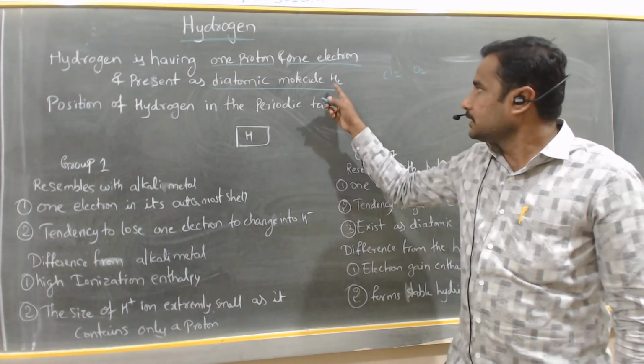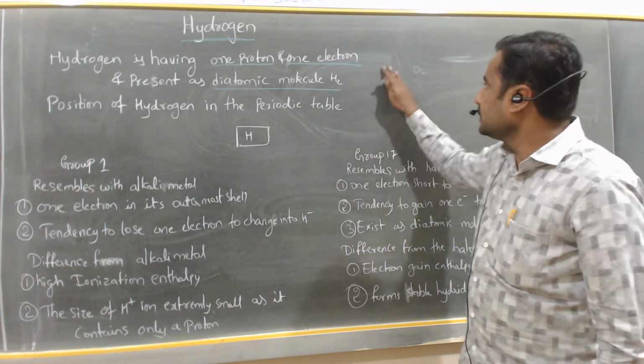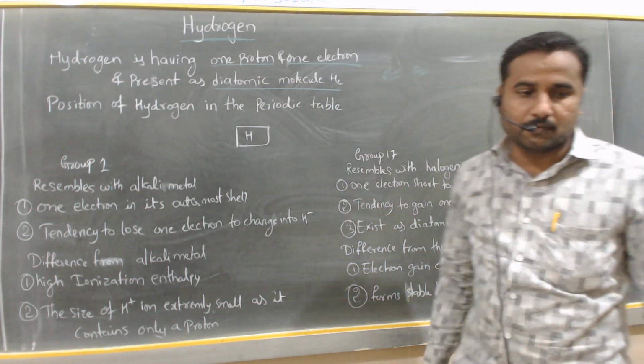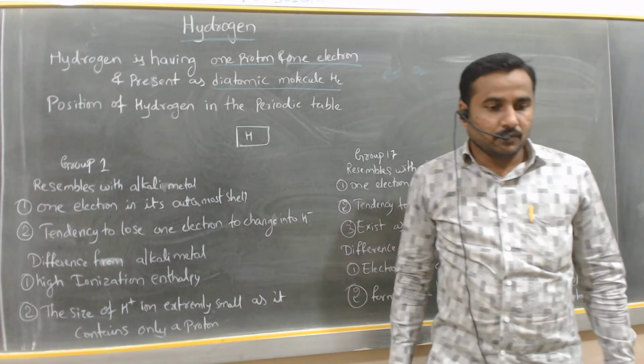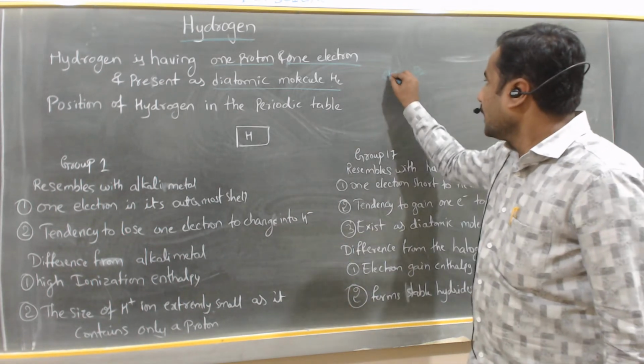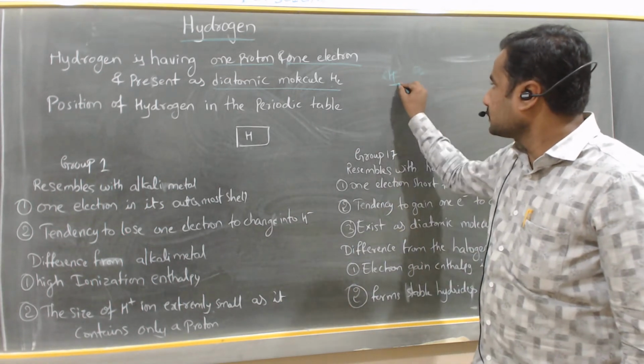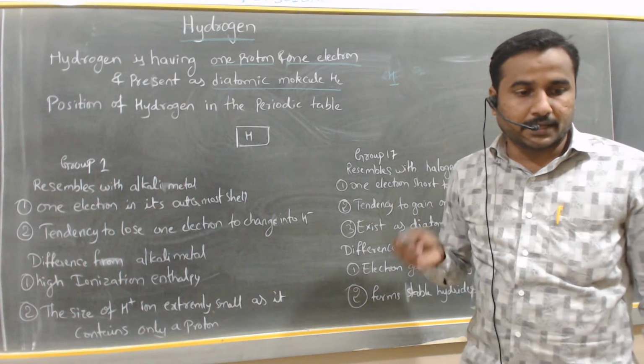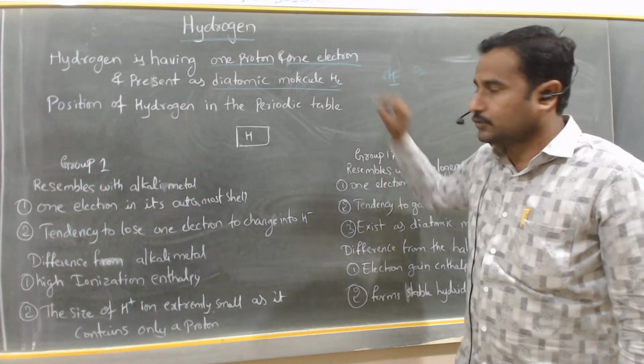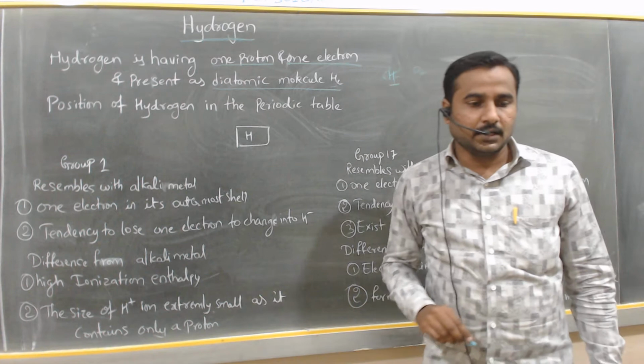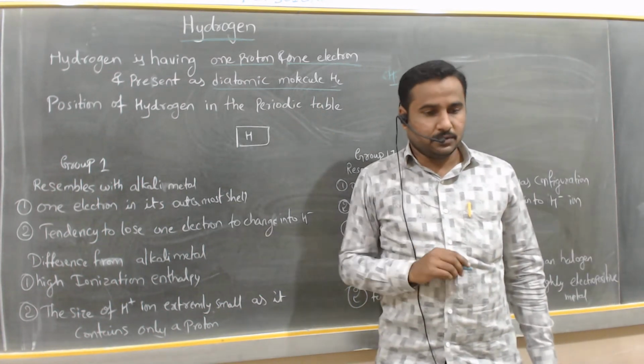So hydrogen is always present in the form of a diatomic molecule. We cannot get hydrogen alone; we get hydrogen in the form of H2, that is, a diatomic molecule.